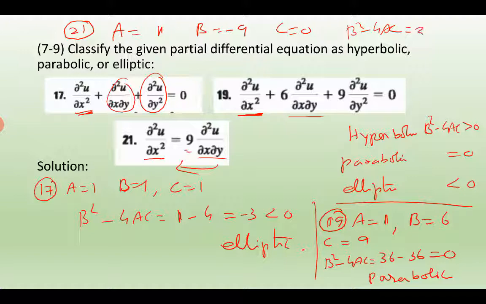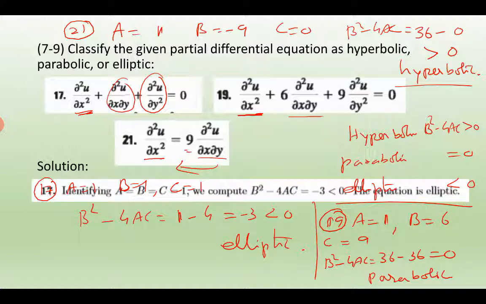Continue with b square minus 4ac. b square is 36 minus 4 into ac, which will be 0. The answer is positive. Therefore we will write it as hyperbolic. That's all. So when you want to classify the differential equation, you have to say either it is hyperbolic or parabolic or elliptic. That's all.